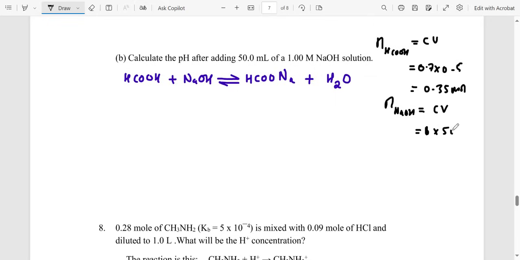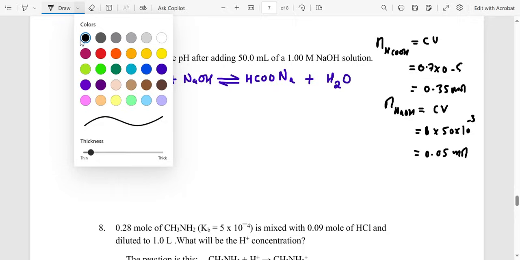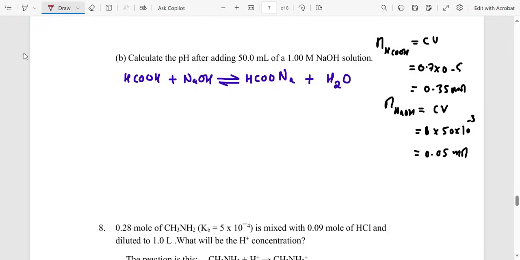So this 50 mL converts to liters: just multiply by 10 to the power negative 3, or divide by 1000, it's all the same. So it's basically 50 divided by 1000, and this is 0.05 moles.